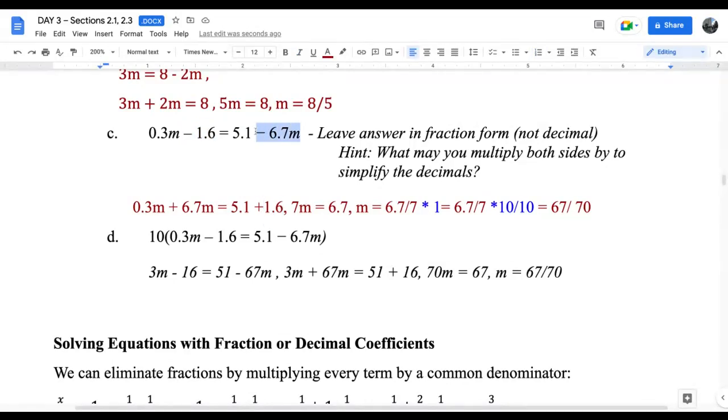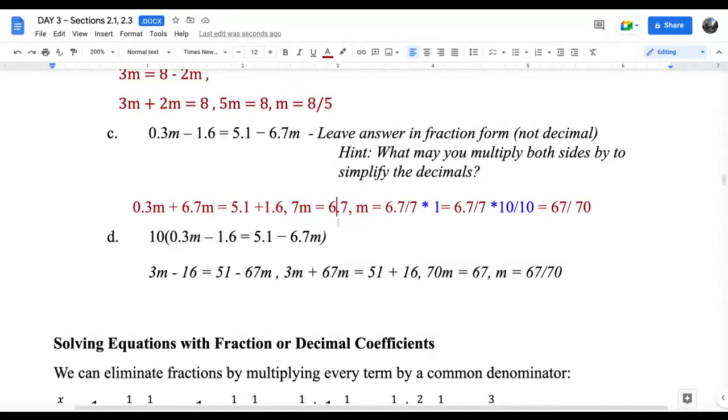At the same time, let's move this negative 6.7m to the left-hand side. It becomes plus. So we have 0.3m plus 6.7m equals 5.1 plus 1.6. Well, 0.3 plus 6.7, that's a 7. So we get a 7m. 5.1 plus 1.6, that's 6.7.